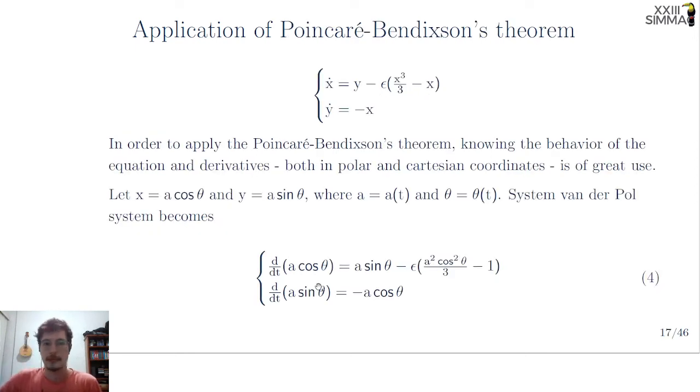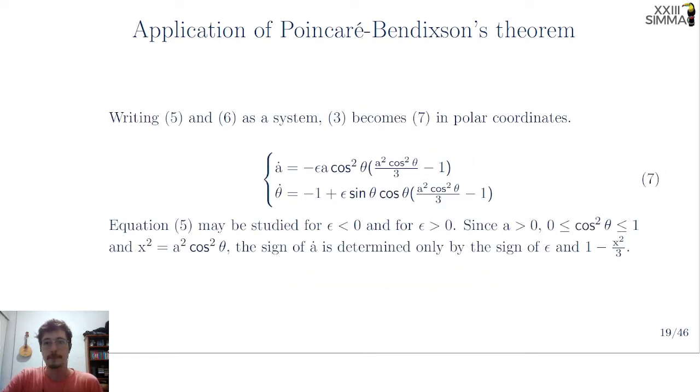In order to apply the Poincaré-Bendixson theorem, it is important to know the behavior of the derivatives of the system, both in polar and in Cartesian coordinates. So we can write this system in polar coordinates, and here we'll analyze this first equation, which is the first time derivative of the radius.